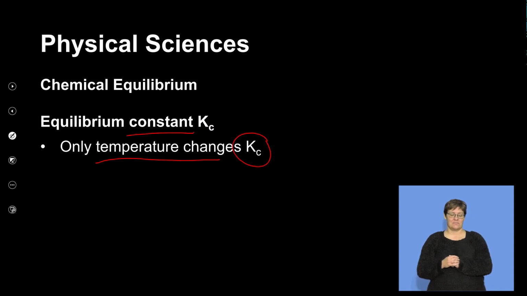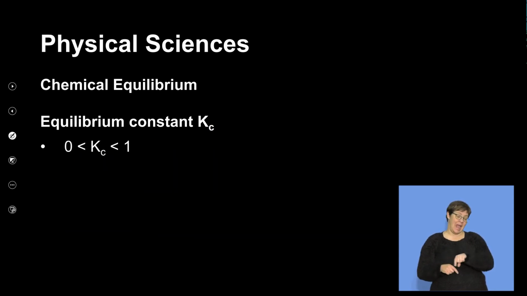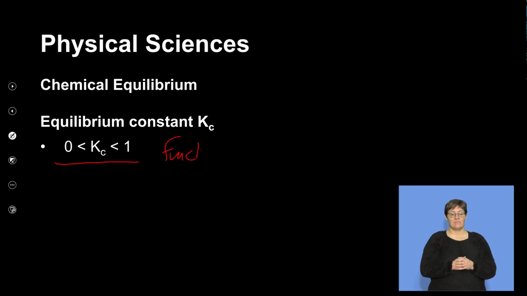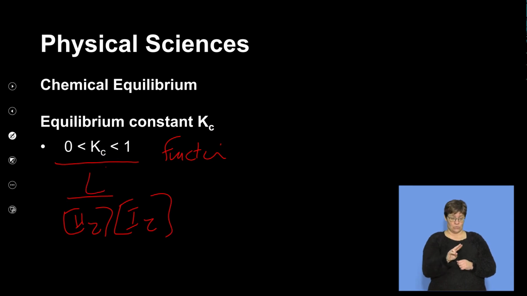Okay? Whereas in the other situation, over here, when this is a fraction, so in that case, we've got H2, I2, and we've got HI squared. That's telling us that this is big.